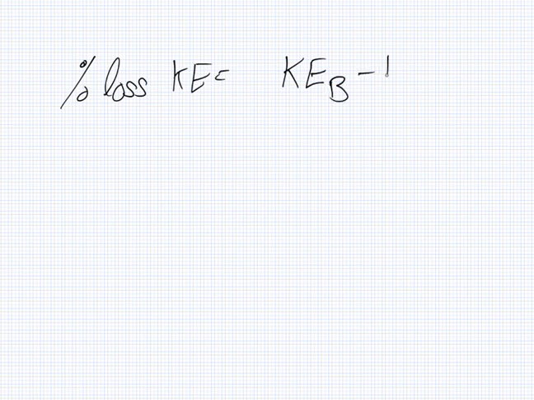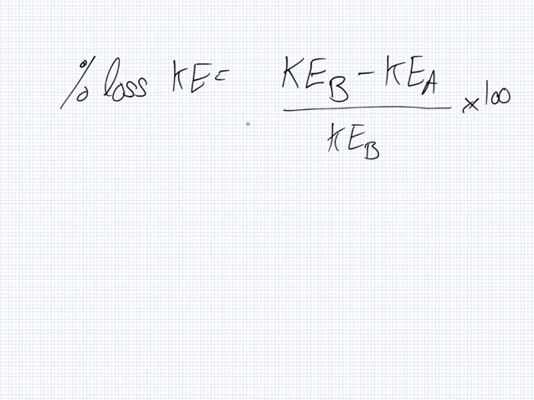What you need to calculate is the kinetic energy before minus kinetic energy after, over kinetic energy before, multiplied by 100. That's the loss in kinetic energy. If you use that formula, you'll be fine. Did you use that? No, so then this is the solution.